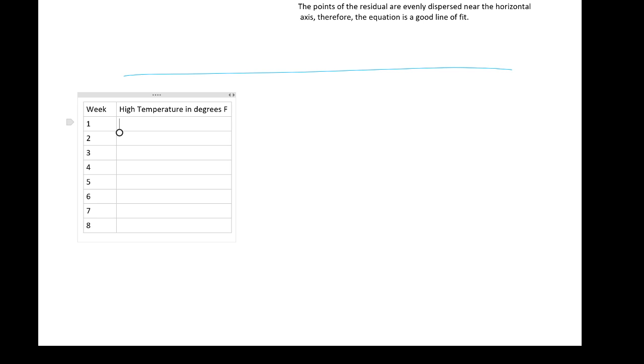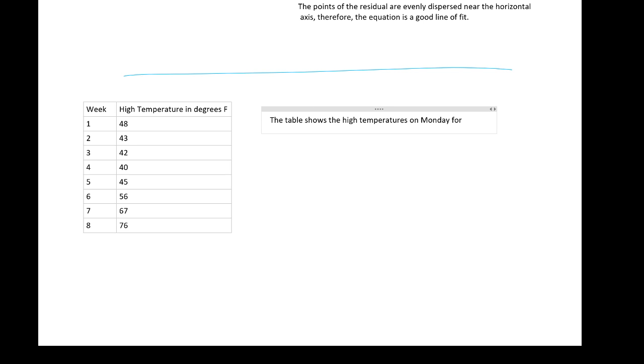So we have 8 weeks, and then here is our model here: 48, 43, 42, 40, 45, 56, oops, 67, and 76. Okay, so this table shows the high temperatures on Monday for 8 weeks.